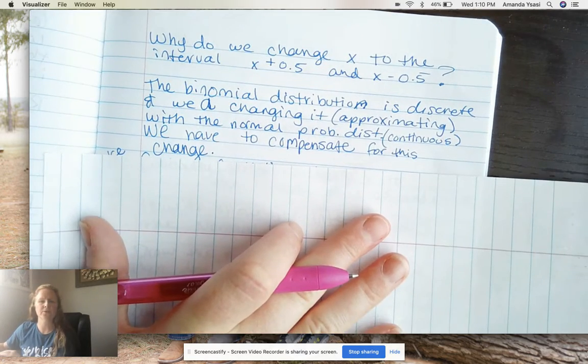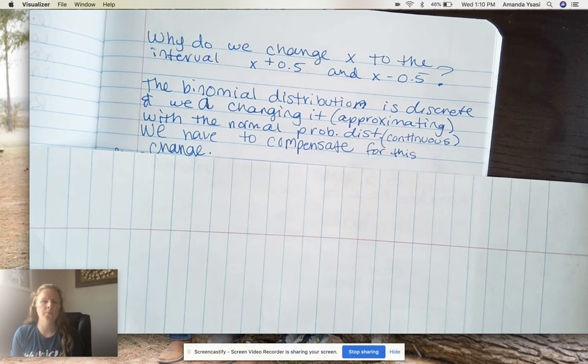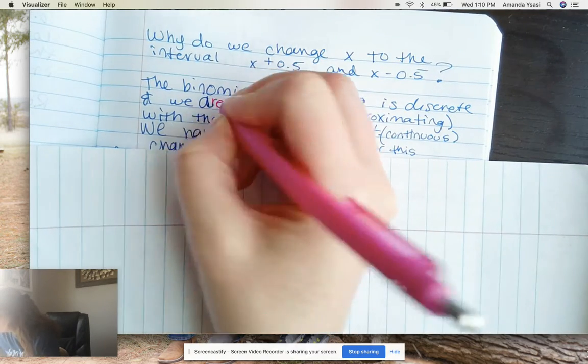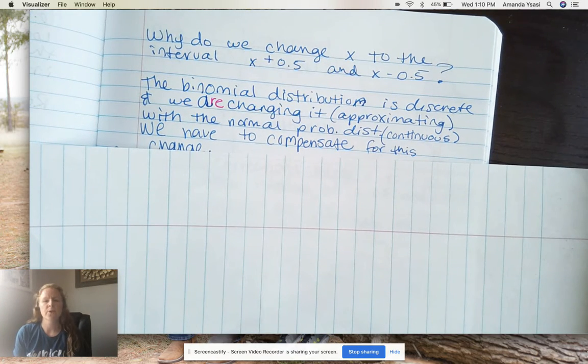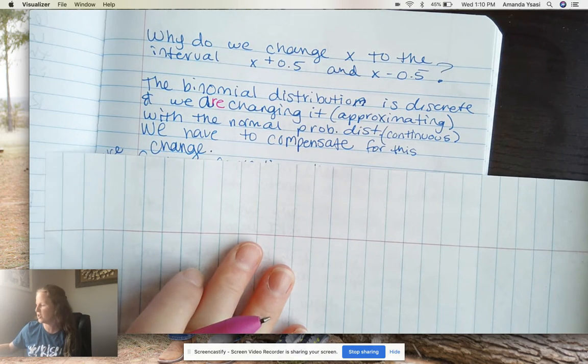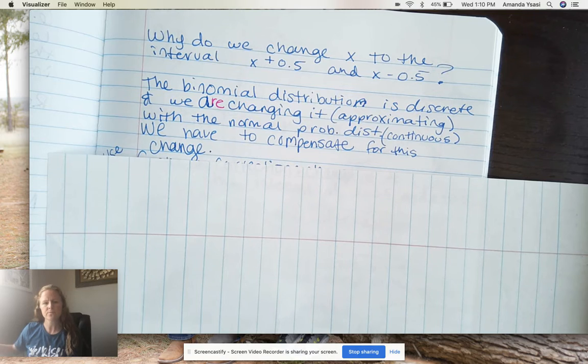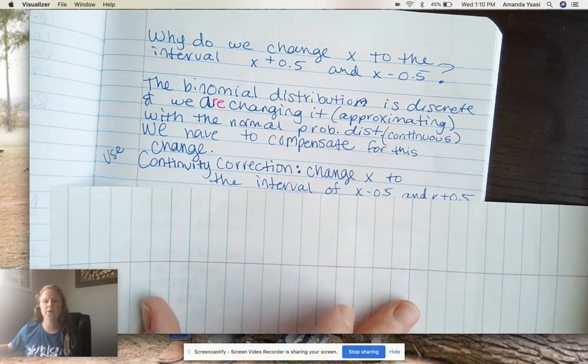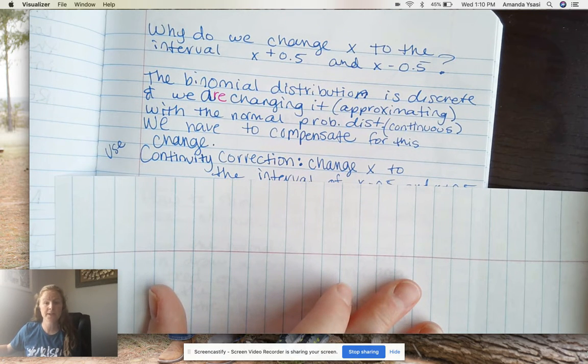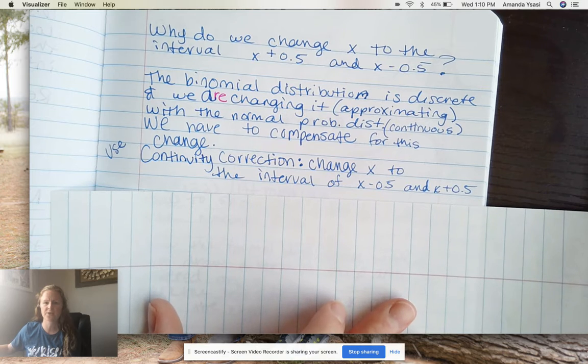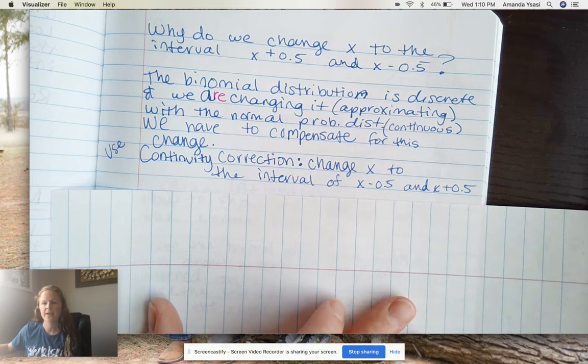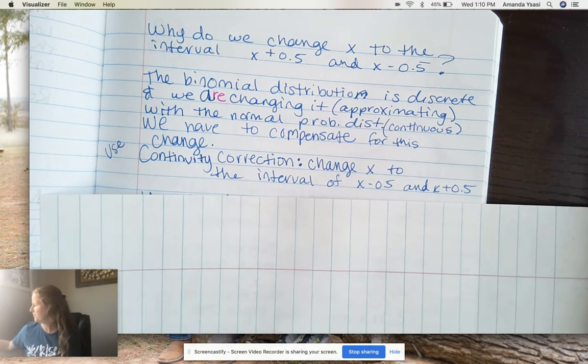So we have to change it, and we have to compensate for this change. We are going to use the continuity correction, which is to change x to the interval of x minus 0.5 and x plus 0.5.